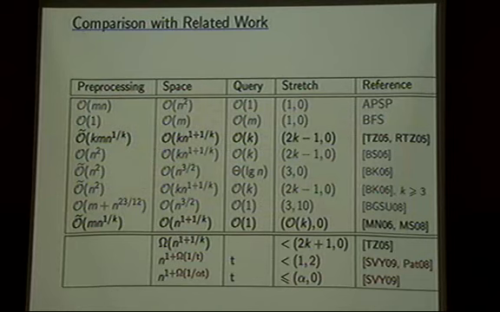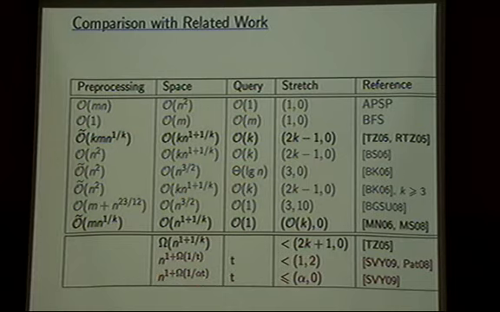So what Thorup and Zwick prove, if you want to get stretch less than 2k plus 1, this is the space you need. And we already know that for sparse graphs, we cannot do anything without the query time here, because we could just store the graph. So what we show here is that if the stretch is going to be less than or equal to alpha, and the query time is t, then this is the space we need.